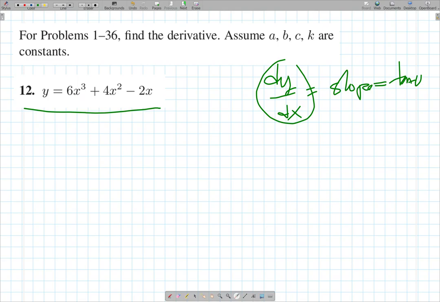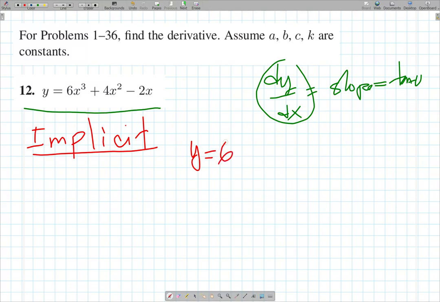If you are using implicit, given y equals 6x cubed plus 4x squared minus 2x, this is what we will use. Meaning we have to derive both sides.